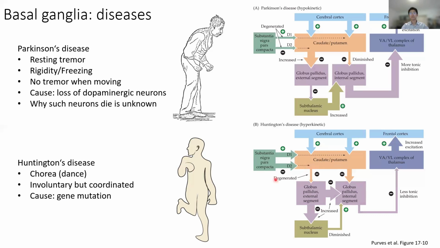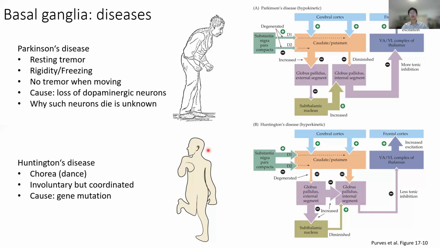Because of this degeneration, it will cause an imbalance of the direct and indirect pathways. And we can count the plus and the minus, and we will see the result of this loop is excitation to the motor cortex.